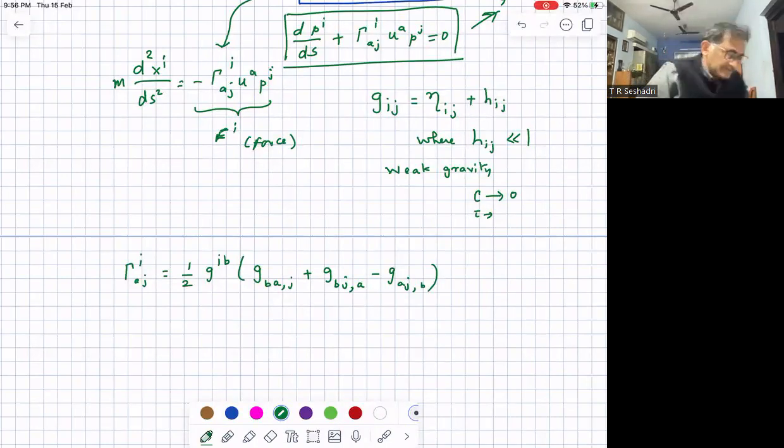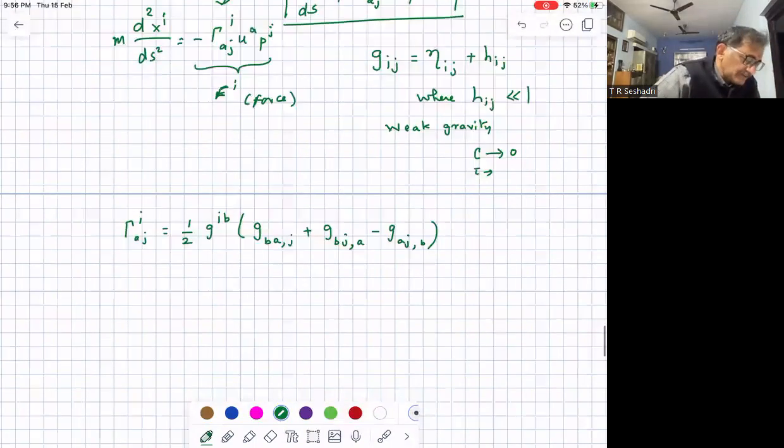This was the expression we derived. Now, g^{ib} is equal to the inverse of this.